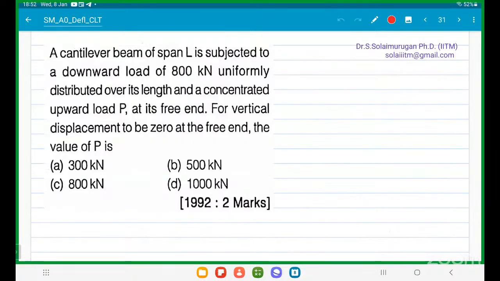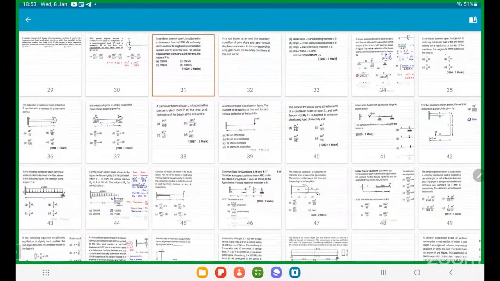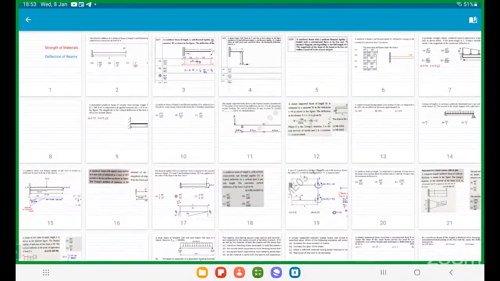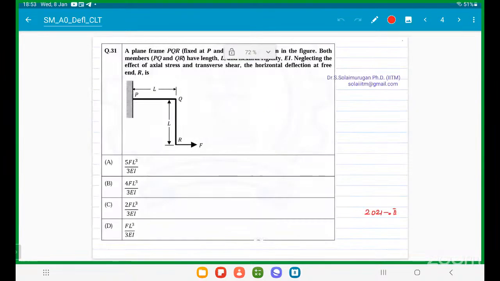Take the screenshot. Okay, done. Next. Take the screenshot. Taken. Yes, okay.